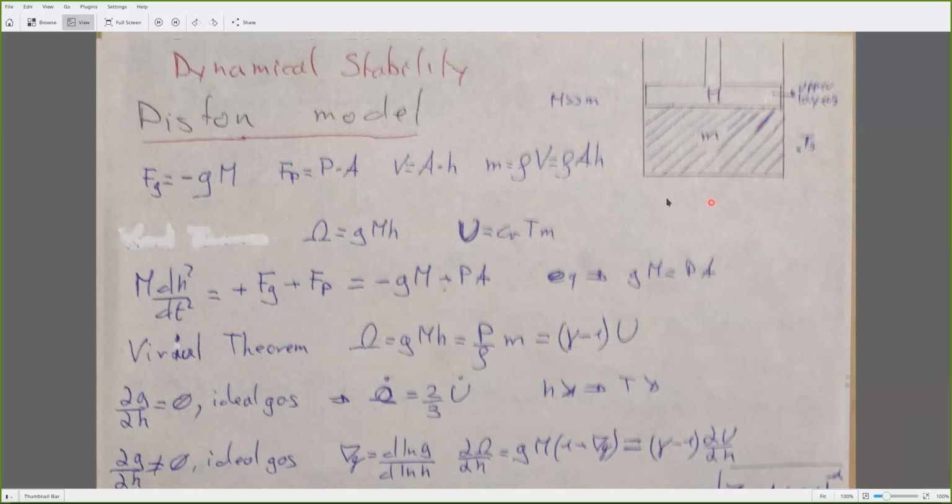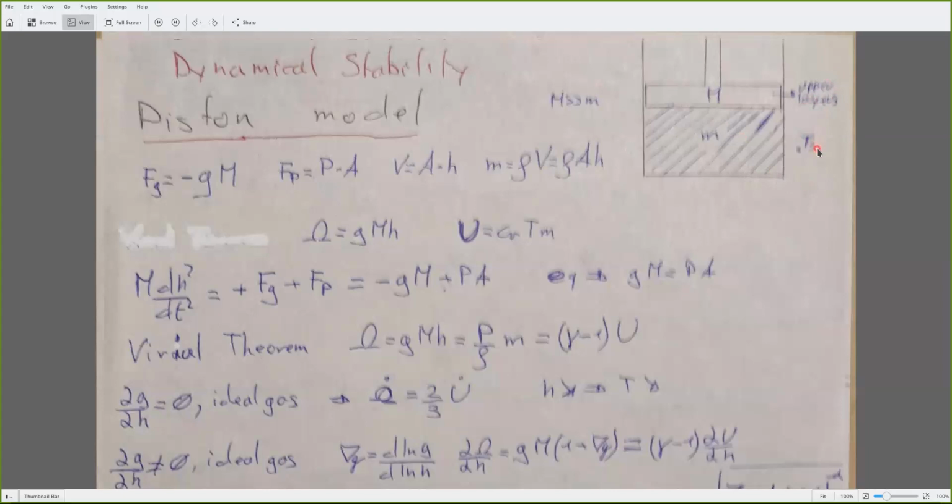This simplifies the calculation also for the potential energy, because essentially we have to balance the pressure from the gas of mass m with the gravitational force from the superior level of mass capital M. And we see here the gas, the piston. The piston is the upper layer.